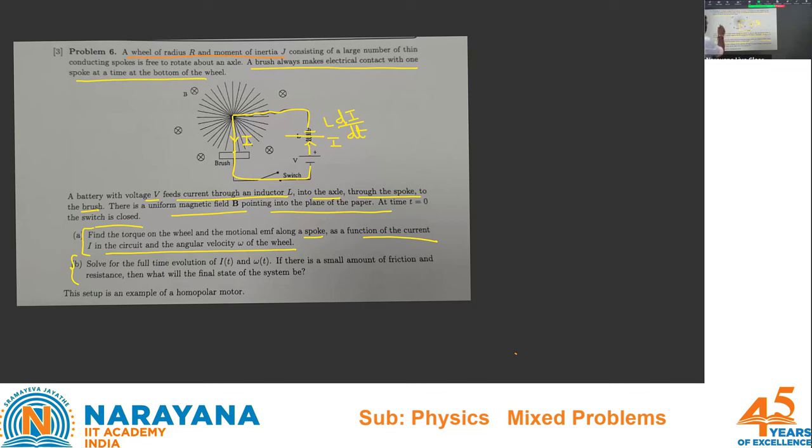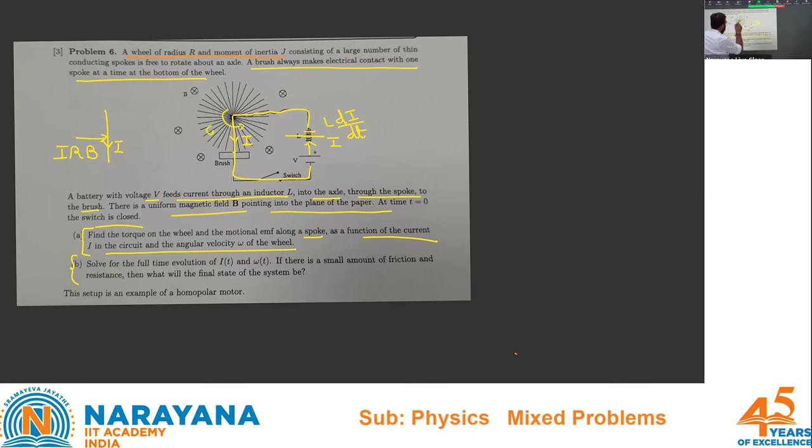And as I will be driven along one spoke outwards, right, magnetic force will come into the picture. So L cross B will act at the center, and that will generate a force which is IRB, and that torque is generating omega.